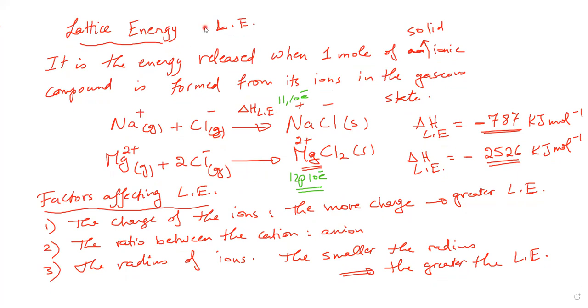As we studied these things in AS, also in order to calculate the amount of lattice energy that is produced by the reaction of the positive and negative ions to form the solid ionic compounds, we have to know some definitions.